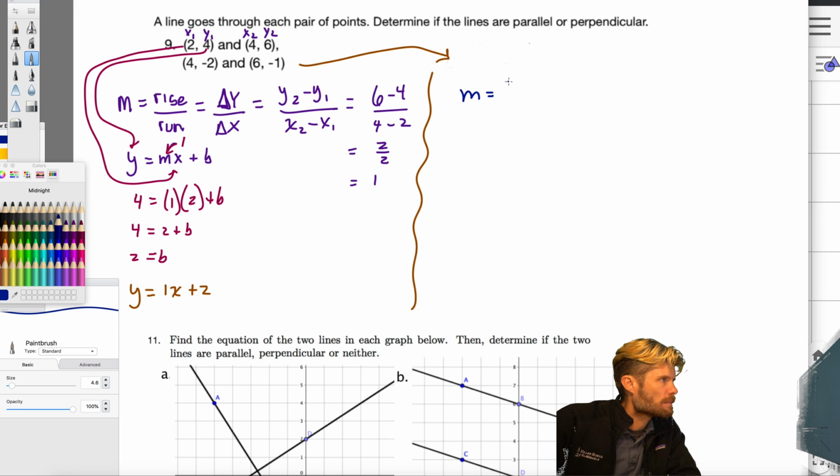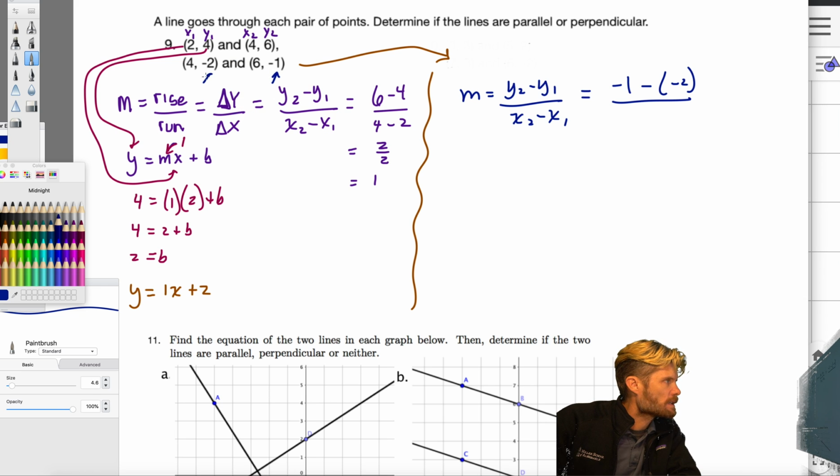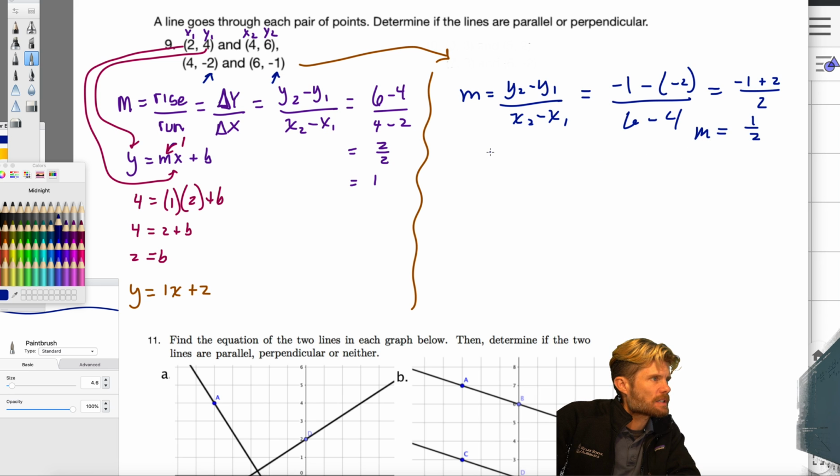So my slope is going to be y2 minus y1 over x2 minus x1. So y2 is -1 minus a -2. Okay, so here's my y2 and here's my y1. Over x2 is 6 minus 4. So -1 minus a -2, this is going to become a plus right here. So this is -1 plus 2 over 6 minus 4 is 2. So this is going to be 1/2 is the slope.